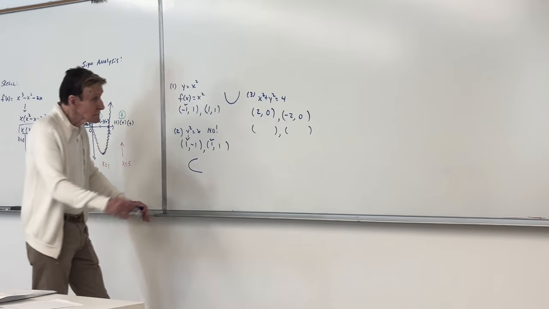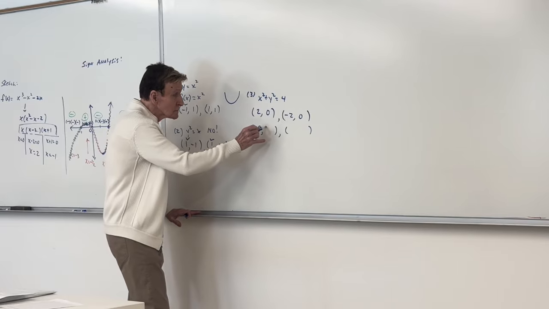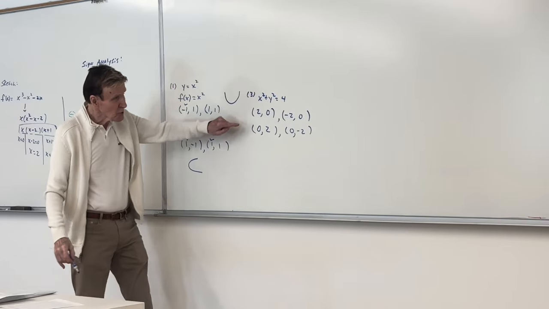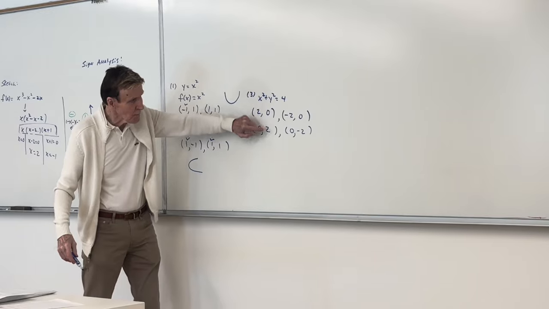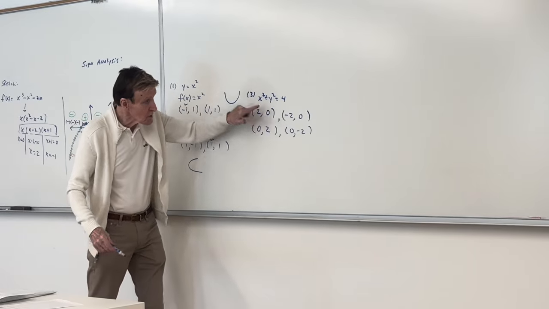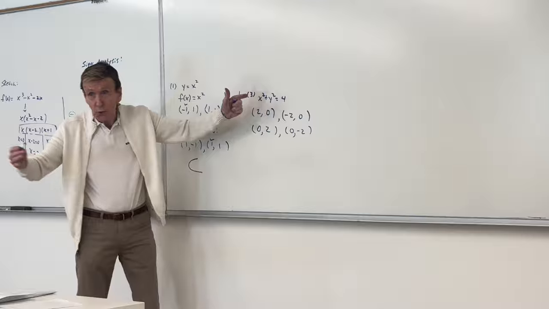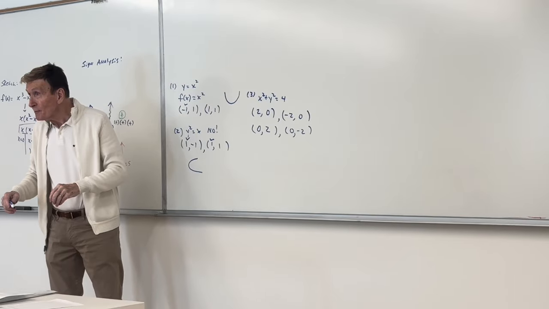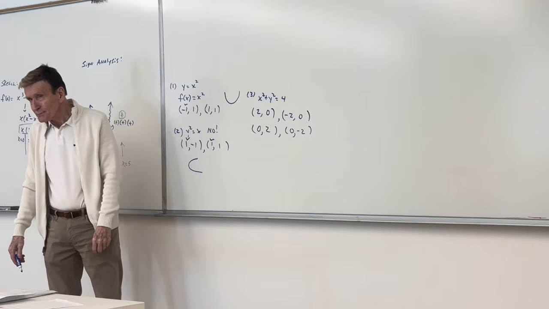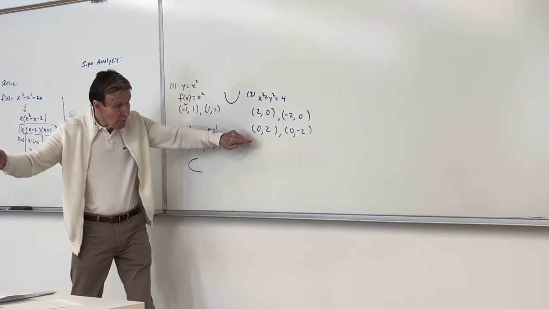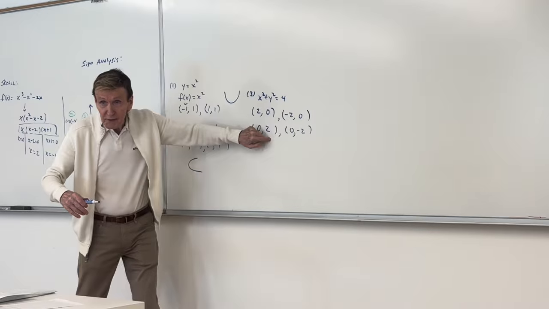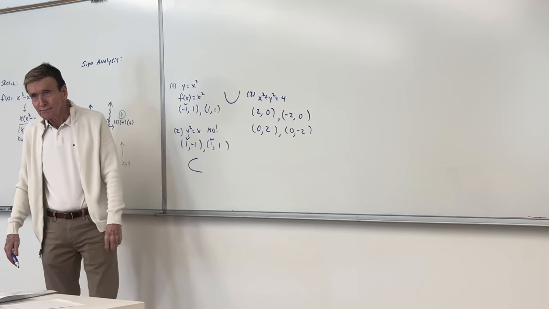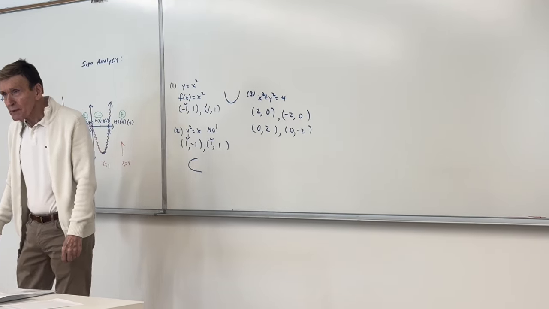Hang on. 0, 2: 0 squared, beautiful. 2 squared, 4, beautiful. This one, 0 squared, 0 drops out. -2 squared, 4. They do satisfy, right? Is it a function? No. I paired 0, or he paired it, 0 up with 2. All of a sudden he paired 0 up with another number. You can't do that for a function. Therefore, x squared plus y squared is equal to 4 is not a function.